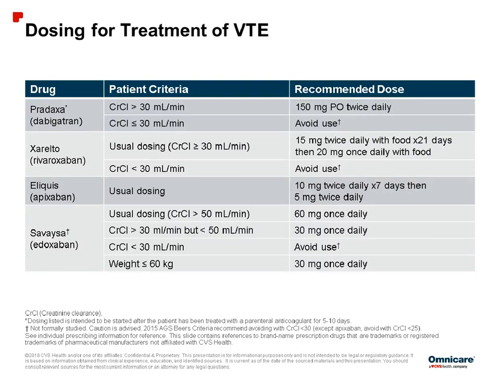This second dosing slide addresses the treatment of deep vein thrombosis or pulmonary embolism. While dabigatran, Pradaxa, was originally approved without this indication, all of the DOACs except the newest one, Betrixaban, Bevyxxa, now can be used for active treatment of DVT or PE.